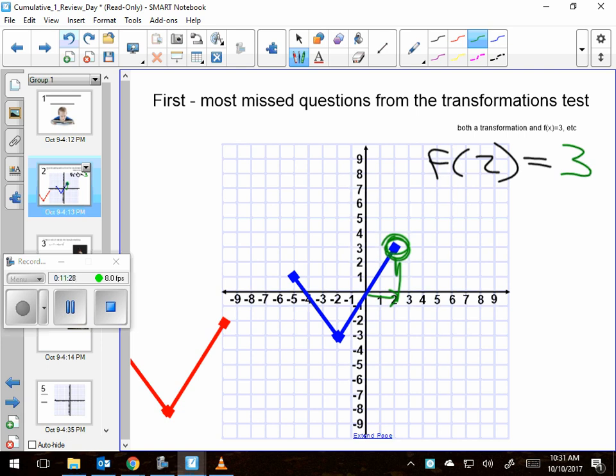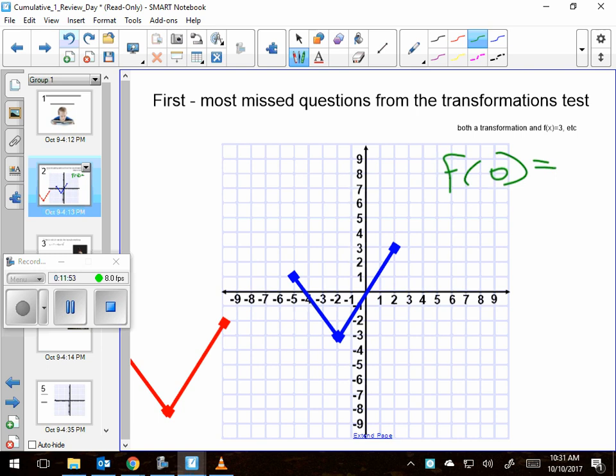All right, let's do another one like that. What is f of 0? Now, the thing I think helps on these is asking yourself, did I tell you the x or did I tell you the y? Because I can tell you the x and you have to figure out y, or I can tell you the y and you have to figure out x.